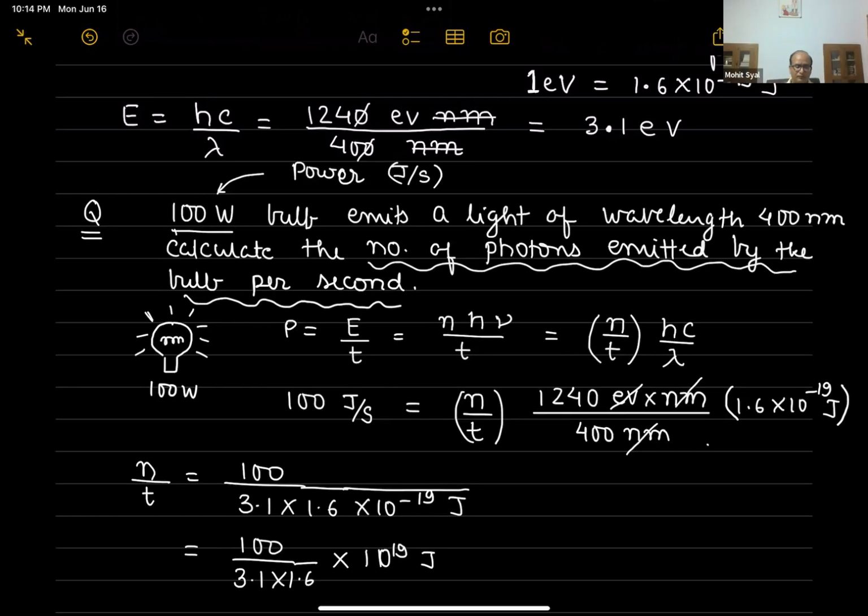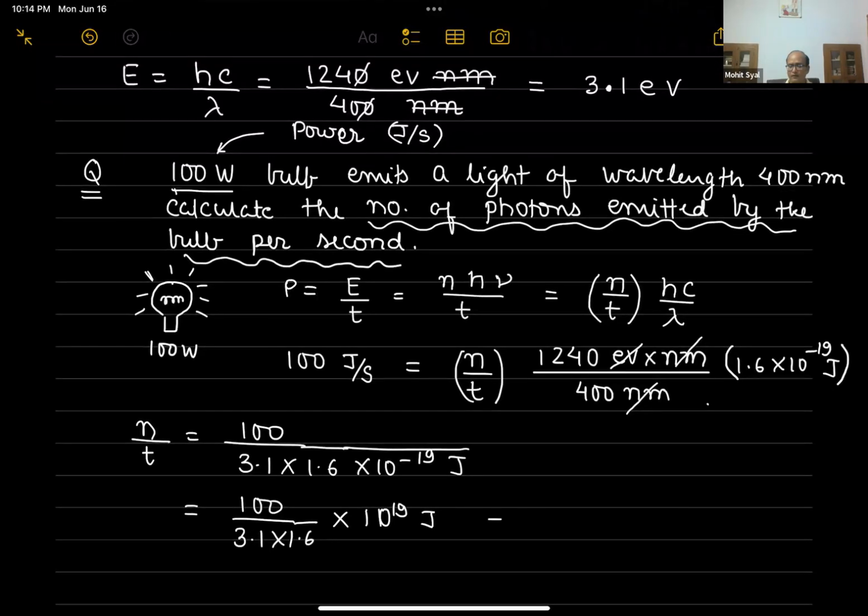Got it or not? So let's see how much we are getting. 100 divided by 3.1 into 1.6. We are getting 20.16.